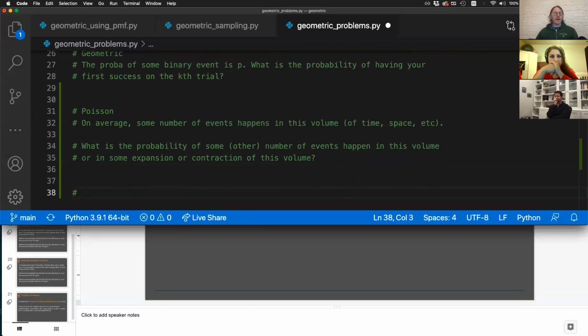Now, you also have basic probability problems, and it's easy to get confused sometimes between basic probability problems and these distribution problems. And sometimes basic probability is a way to solve one of these problems, right?